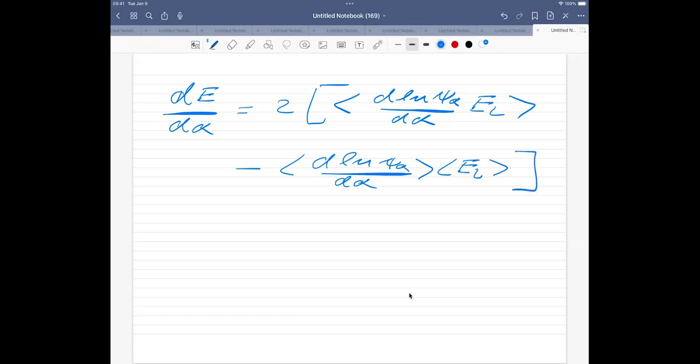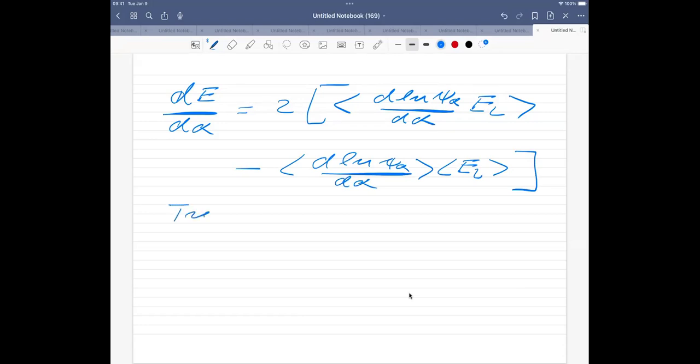minus the expectation value of d ln of psi alpha d alpha multiplied with the expectation value of the energy. And this can be made general to the gradient as well. If we have more than one variable alpha, then we have to evaluate the gradient, but the expectation values which we have to calculate are the same. So what we end up with is actually 3 integrals, and these 3 integrals have to be evaluated using Monte Carlo methods.